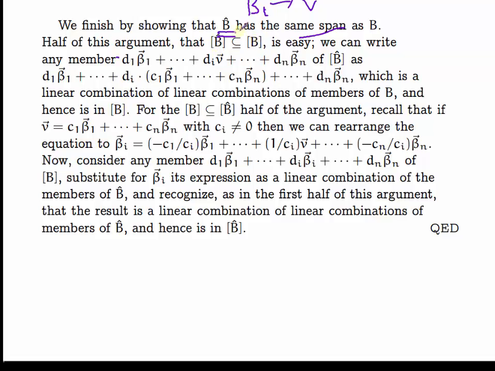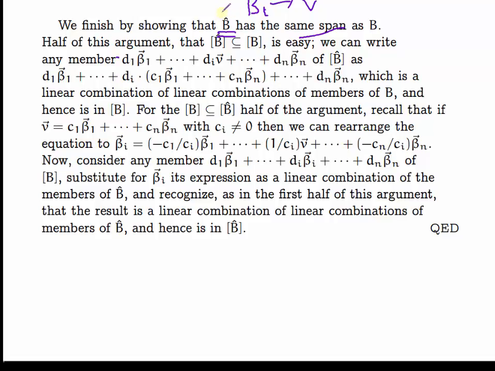For the other half of the argument, recall that if v is a linear combination of the betas, where c_i is not 0, then we can rearrange the equation to get beta_i as a linear combination of beta 1 up through beta n and v instead of beta_i. So in other words, I can get beta_i as a linear combination of the vectors in beta hat.